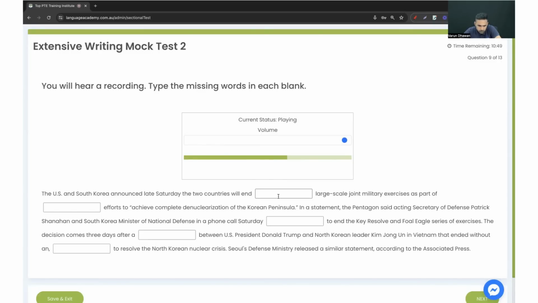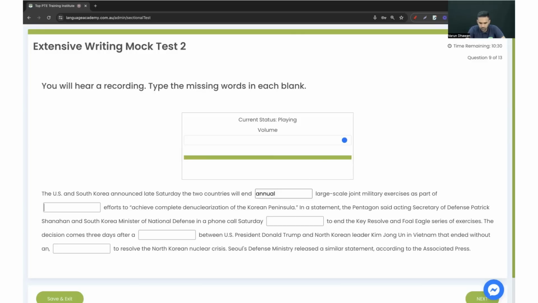The decision comes 3 days after a summit between U.S. President Donald Trump and North Korean leader Kim Jong-un in Vietnam that ended without an agreement to resolve the North Korean nuclear crisis. Seoul's defense ministry released a similar statement, according to the Associated Press.